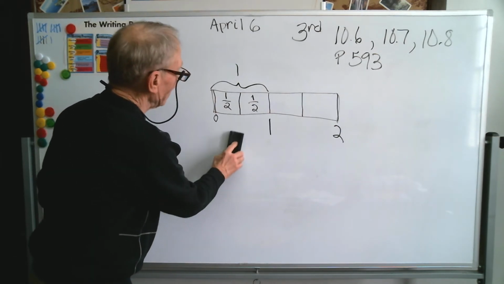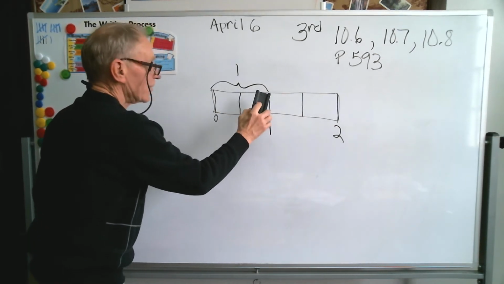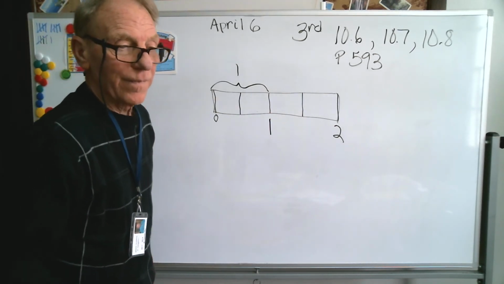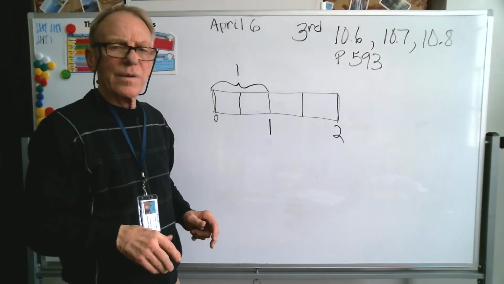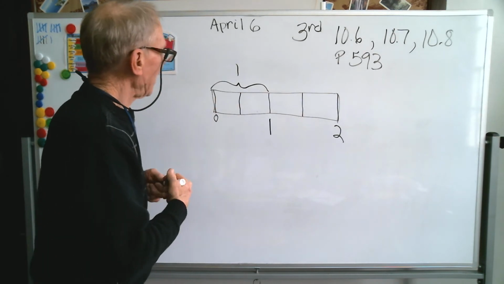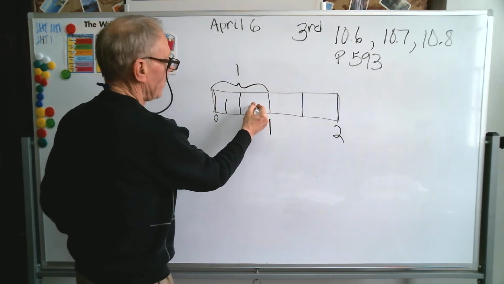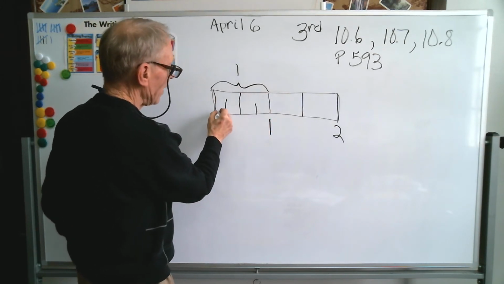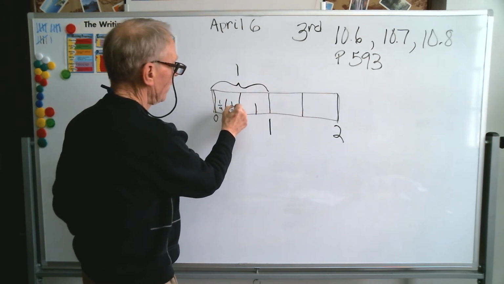Now, they don't stop there, because sometimes measurements have to be more accurate than within 1/2 inch. So they split it again. Now, each one of these increments is 1/4 of an inch.